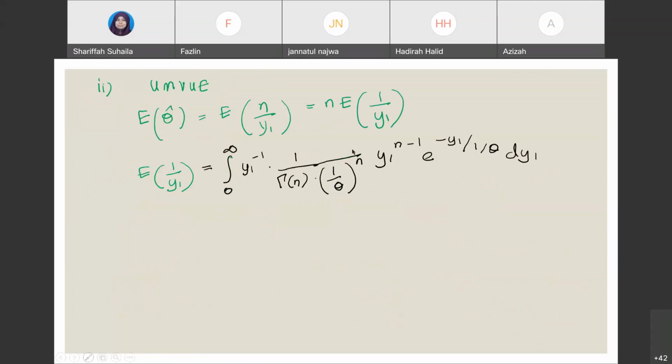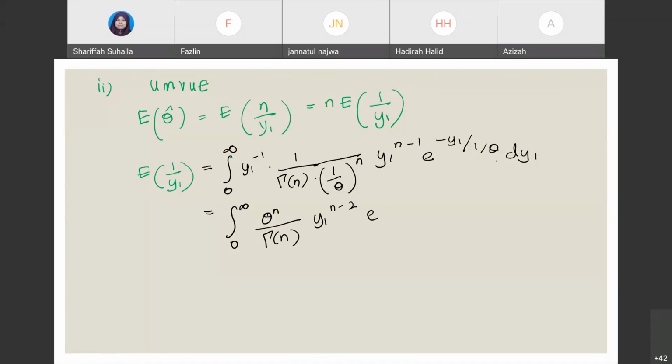So sekarang saya simplifykan dulu. You will have here 0, infinity, and then saya ada theta to power n, 1 over theta n gamma n. So y1 minus 1, y1 n minus 1, dia akan jadi y1 n minus 2.